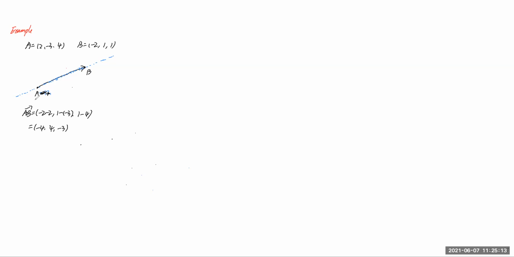This is the direction of the vector of the line. AB stands for the vector AB, the directed vector of this line. Is it clear? Hope so.